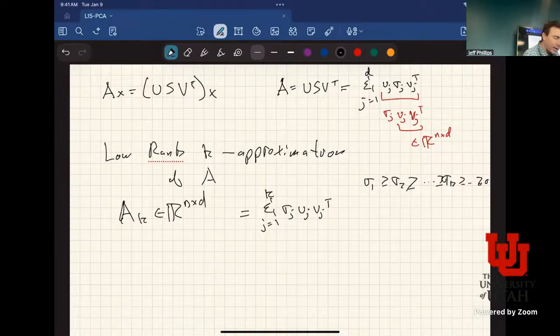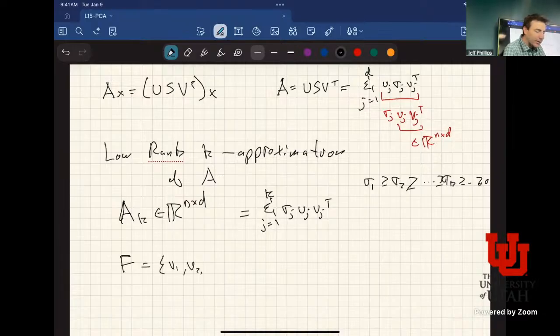Okay, so I'm going to say that my low rank approximation F is going to be composed of the right singular vectors, the v's, which I introduced before as unit vectors. I'm going to use them to describe my subspace here.